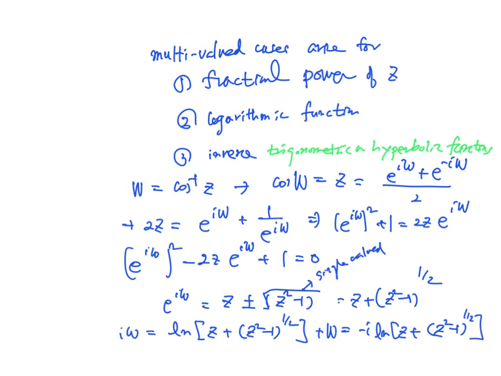So for this function, this part, fractional power is multivalued, right? And log is also multivalued. So basically, this arc cosine function is a multivalued function.